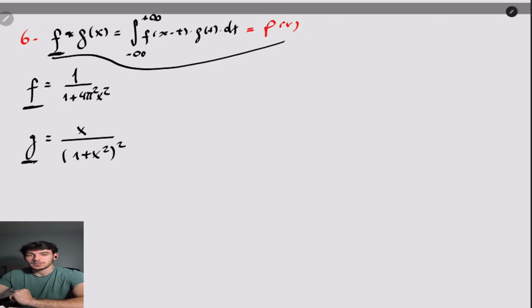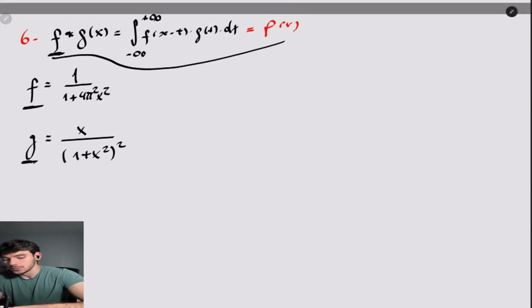The question basically wants to know if this equation has a solution, a function p of x that is inside L1. If you have a convolution product equal to another function, in this case p of x will be inside L1 if f is inside L1 and g is inside L1.